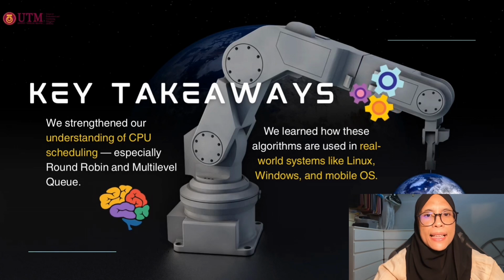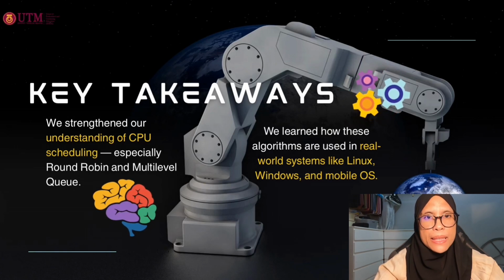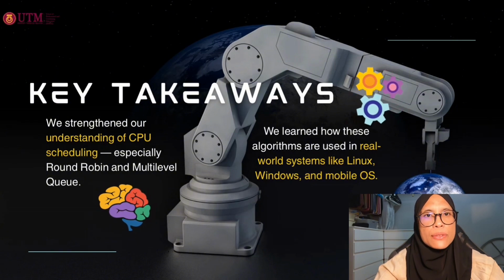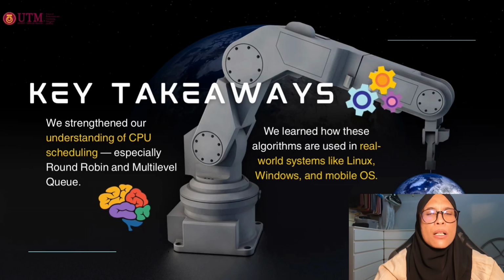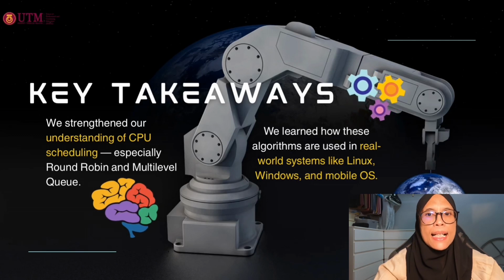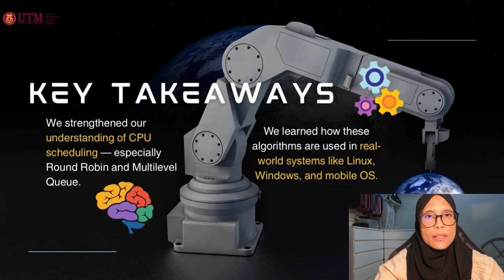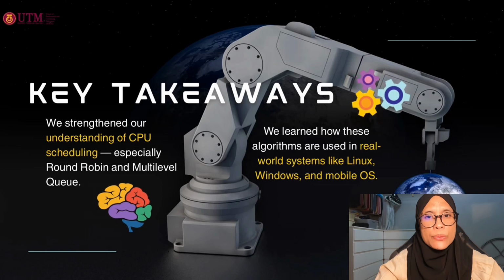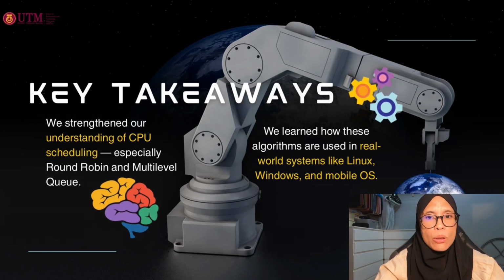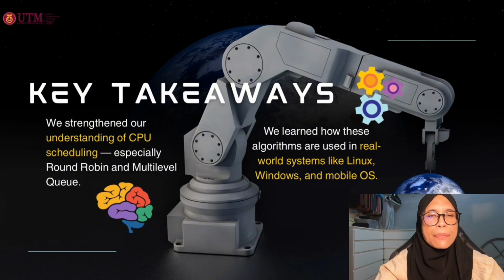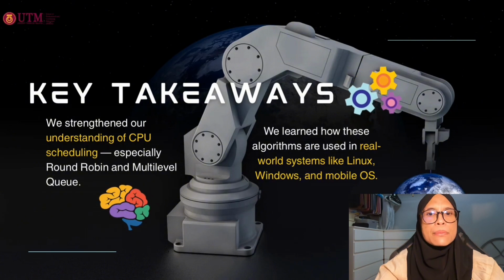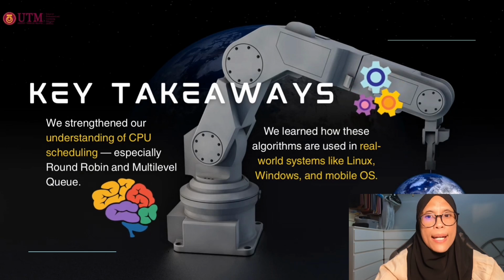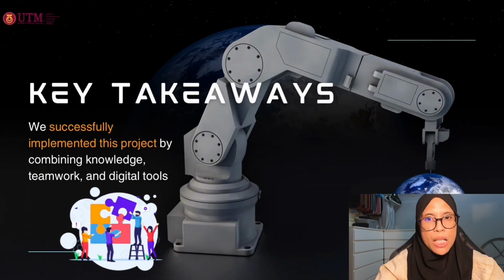Now, I will share our key takeaways from this project. First, we have deepened our understanding of key operating system concepts like CPU scheduling, time quantum, and process queues, especially in round robin and multi-level queue. Second, we explored how round robin and multi-level queue algorithms are applied in real systems like Linux, Windows, and mobile operating systems.